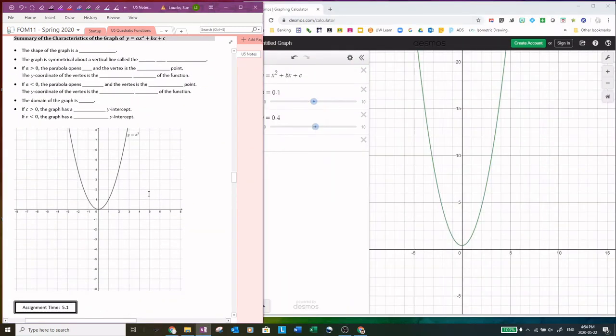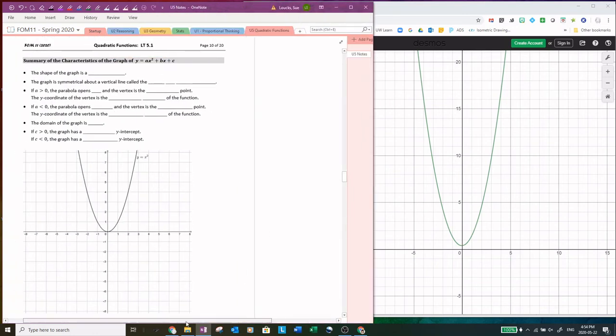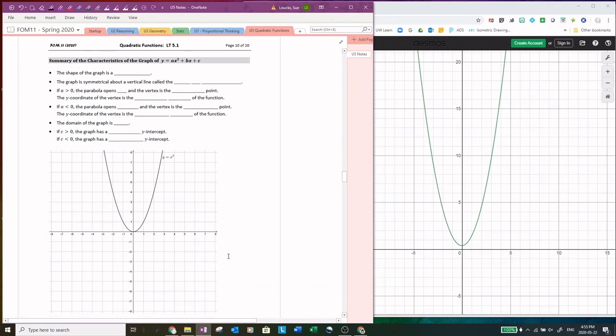We're going to summarize this here because this is what you'll be answering these questions again and again. So let's make sure you know what answers we're looking for. This is a summary of the characteristics of the graph in general of y equals ax squared plus bx plus c. The shape of the graph is a parabola.